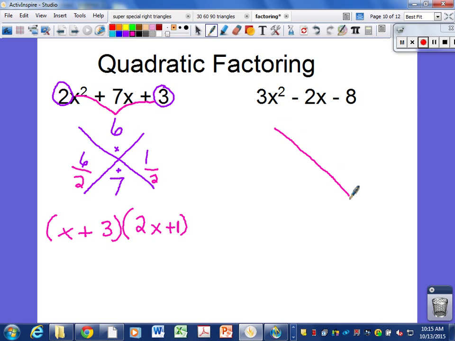So this one, we multiply the AC. So 3 times negative 8 is negative 24, and numbers that add to give negative 2. These are going to be negative 6 and positive 4. But because we multiplied by 3, we have to divide by 3.